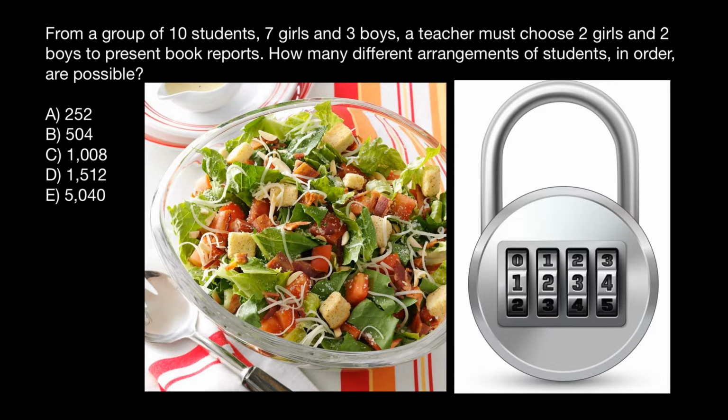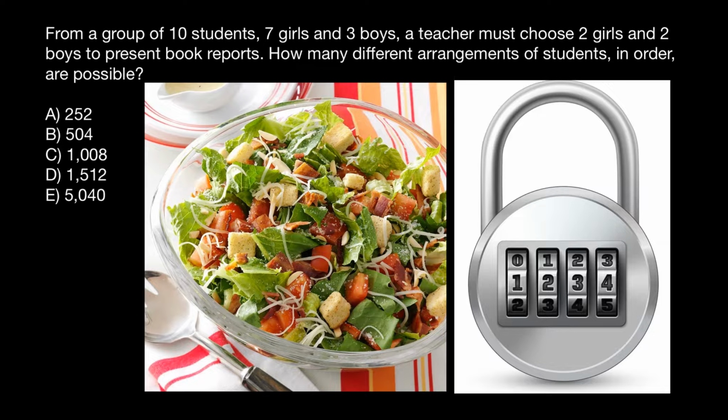We combine different ingredients in order to make this salad. If you choose different ingredients, you are going to get a different salad, even if you choose just one different ingredient. But take a look at this lock, which usually we call a combination lock.